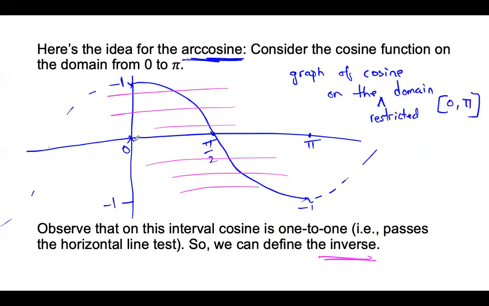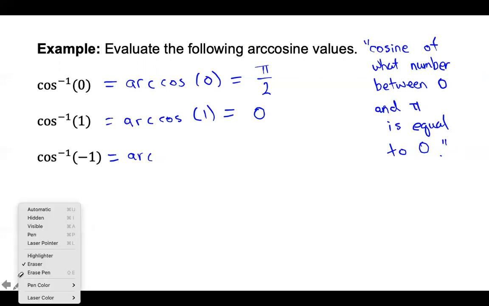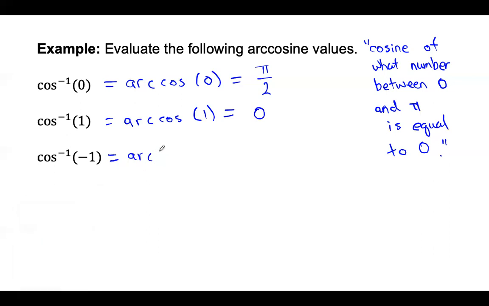What number gives 1 on the cosine graph? 0, right there. So it's just 0. And then -1. It'd just be pi. Okay, good.